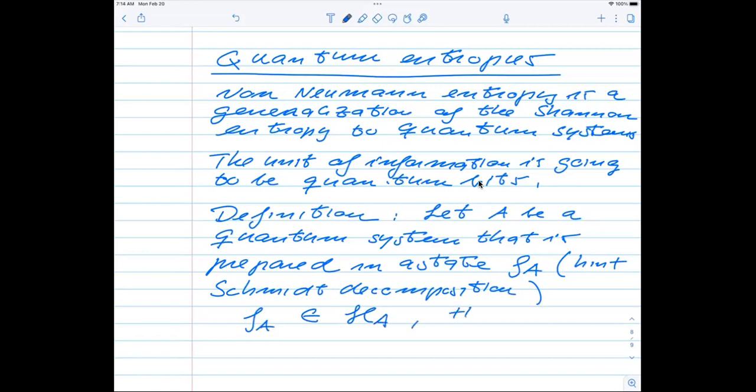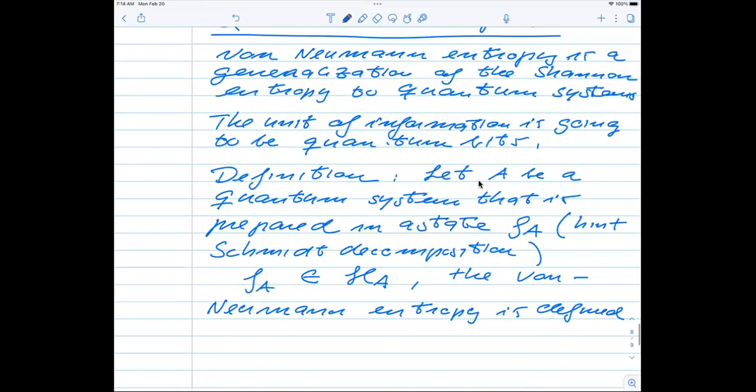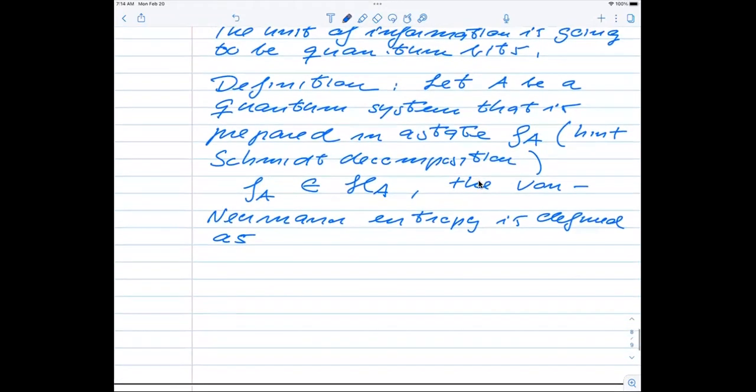Then the von Neumann entropy is defined as follows. The entropy S of rho of A is given as the trace of rho of A multiplied with a log, and I leave it undefined whether it's a log base 2 or another base. This just introduces a scaling factor.